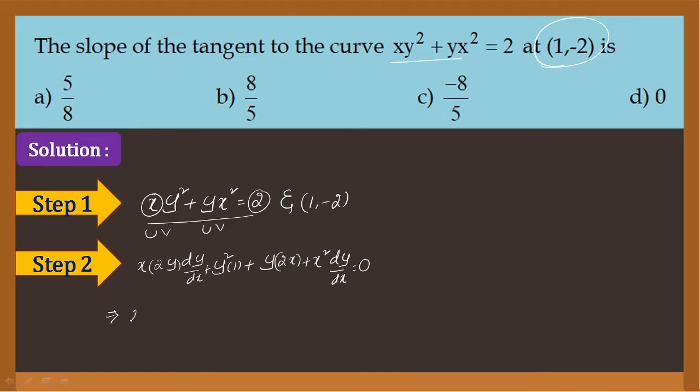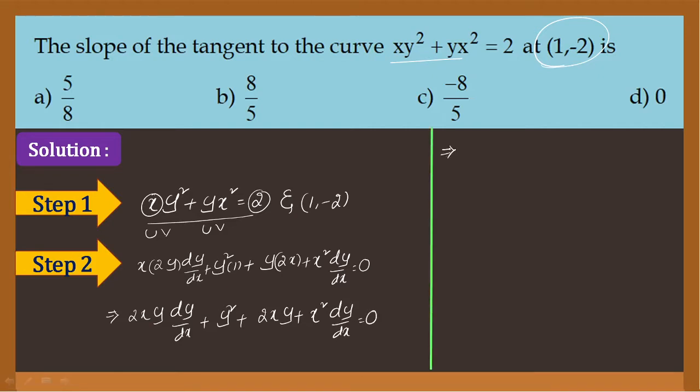This implies 2xy into dy by dx plus y square plus 2xy plus x square into dy by dx equals 0. That implies, in these two terms dy by dx is common, (2xy plus x square) into dy by dx plus (y square plus 2xy) equals 0.